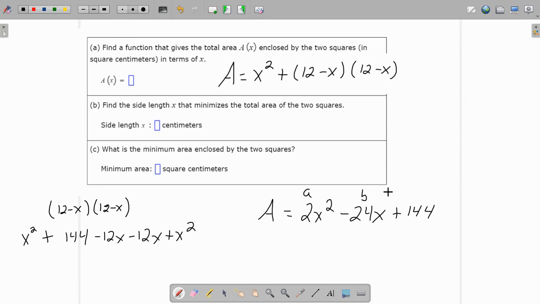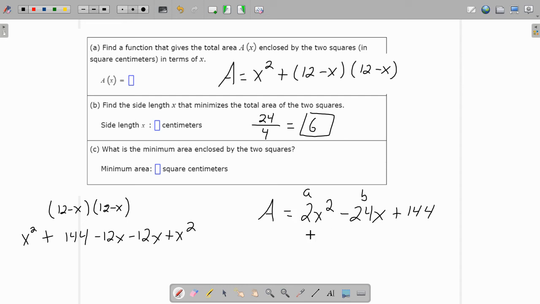So now once we get here, this shouldn't be bad. For this one, we get negative b, so negative 24 is positive 24, over 2 times 2, which is 4. So that's 6. So the length x that minimizes this area is 6.